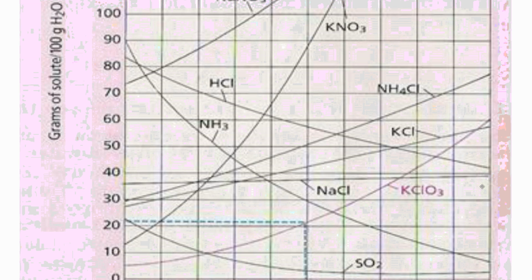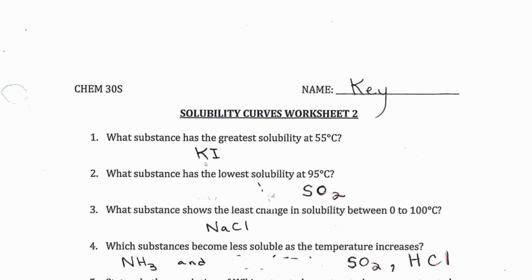So it only changes by about 3 grams in the 100 degrees Celsius temperature change. So it has the smallest slope, the least amount of change over that temperature range. So our answer for that one should be sodium chloride.